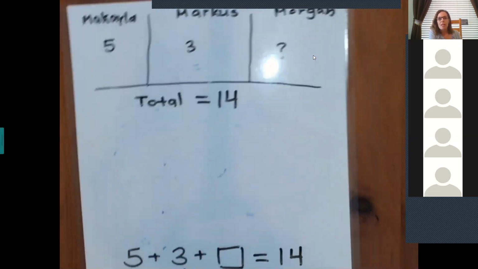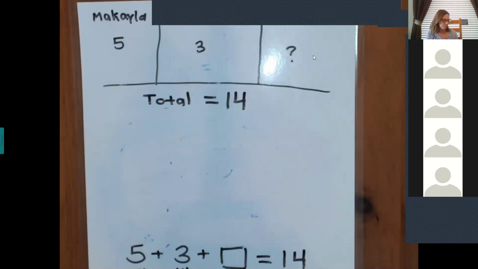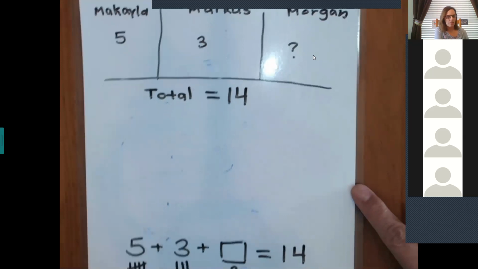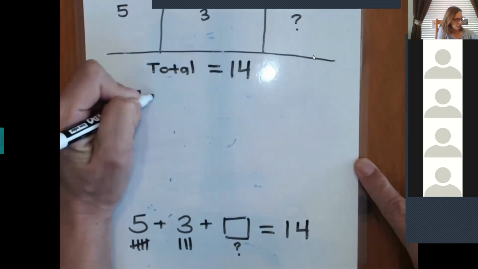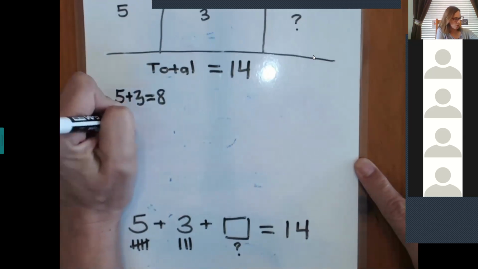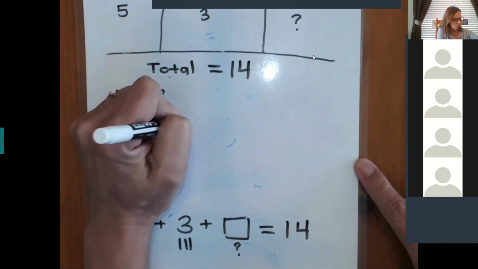Someone raise their hand and tell me how you solved this. Maheen, how did you solve this? You can turn yourself off of mute. Because I counted. First I counted 5 and 3 equals 8, and 6 more equals 14. Okay, so you knew that 5 plus 3 made 8, and then you knew it was 8 plus blank equals 14.